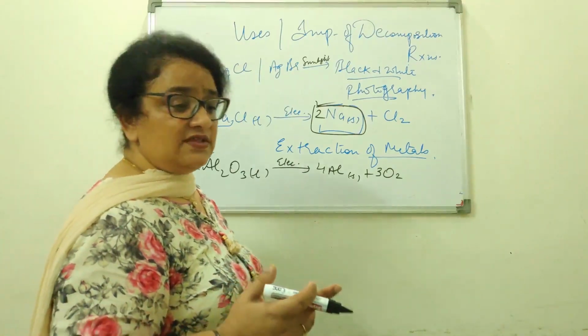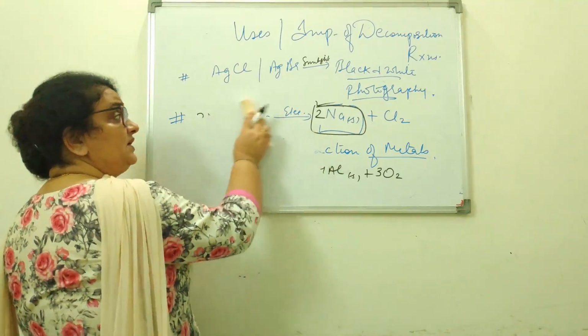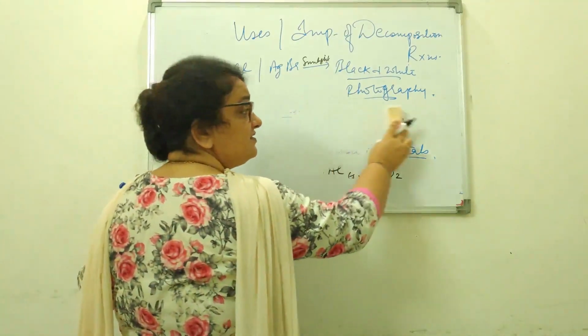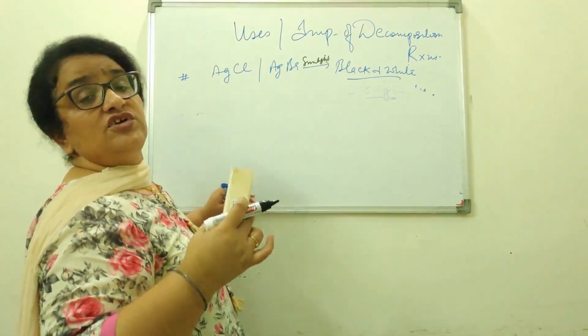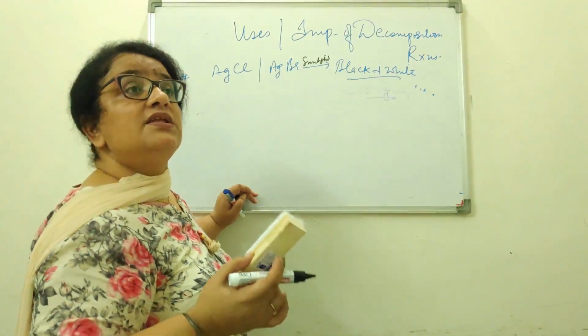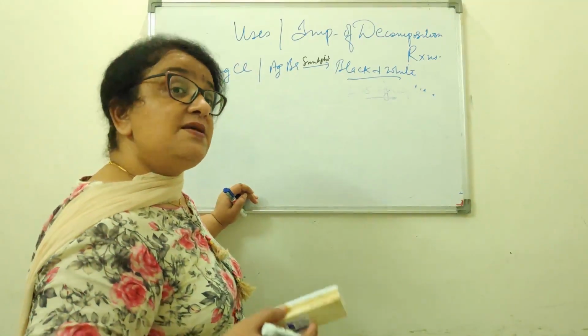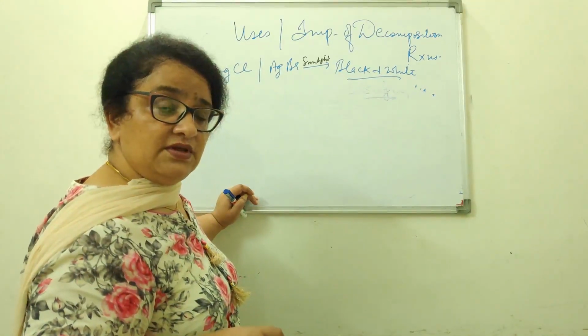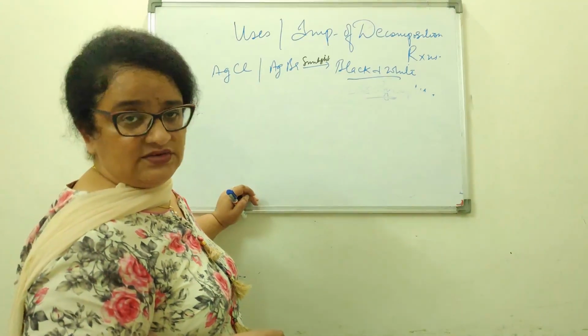So two uses we can say. And another also, all the digestion of food, that is protein into amino acids, starch into glucose, all the digestion processes, digestion reactions which take place in the presence of enzymes, they are also known as decomposition reactions.